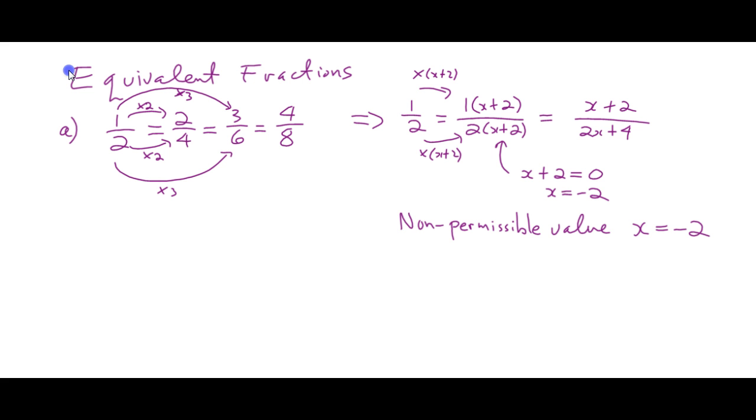We can also state this as a restriction, which is stated as what x cannot be. We say x cannot be negative 2. It's not allowed to be. If it were, the denominator would work out to 0 and we'd be trying to divide by 0, which is not defined. You can't divide by 0. So that's the restriction.